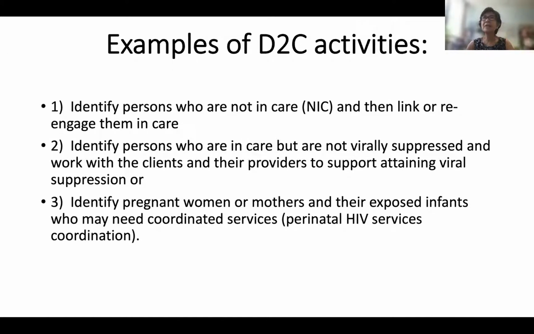It can also be used to identify persons who are in care, but they're not virally suppressed. So can we just call out those people and then get their providers to create a plan to get them to be virally suppressed? And another way is to identify pregnant women or mothers and their exposed infants who may need coordinated HIV services.